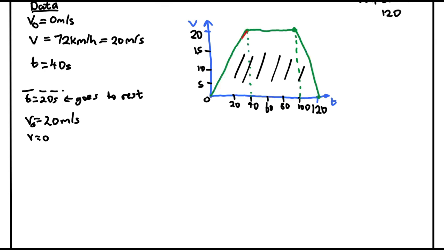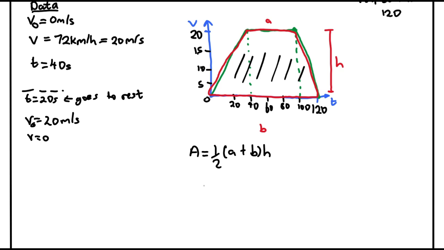But we can also get the area using this trapezium, because this will be our a, this other length will be our b, and this will be our height. So the formula for the area of a trapezium is area equals half (a plus b) times h.